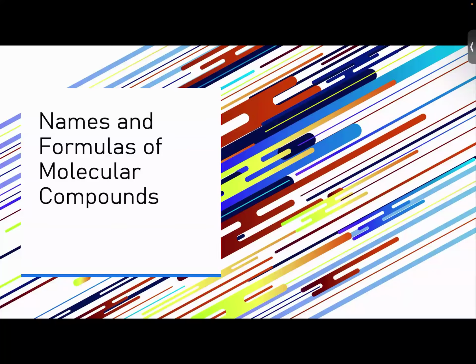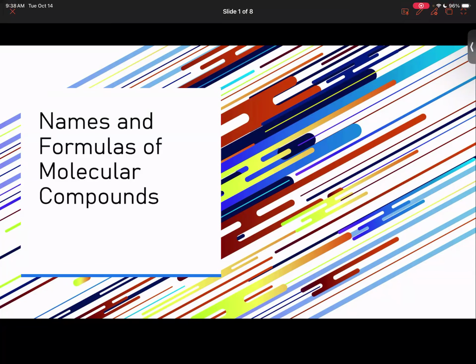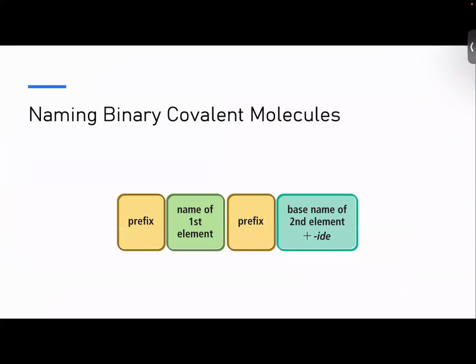So let's get into names and formulas of molecular compounds. The first type of molecular compound we are going to talk about is a binary covalent molecule. First of all, let's start with just the term covalent molecule.